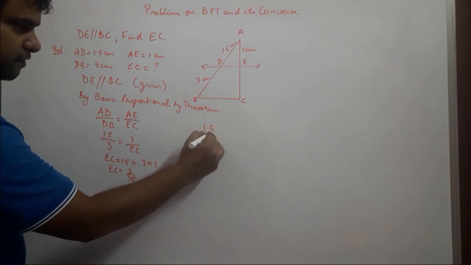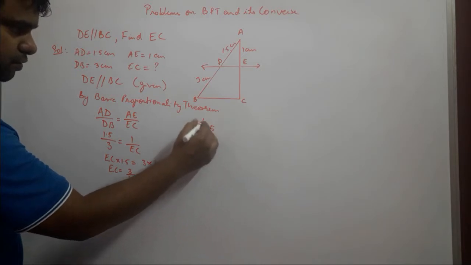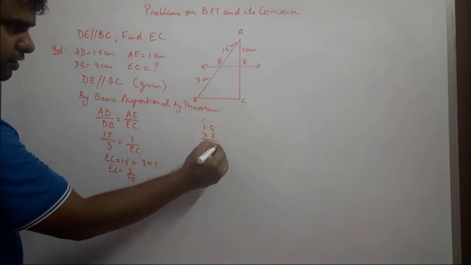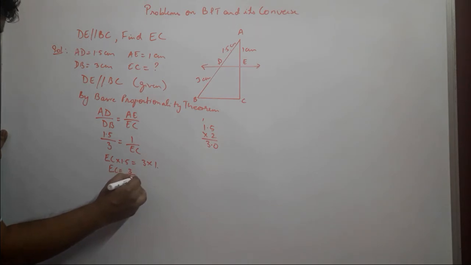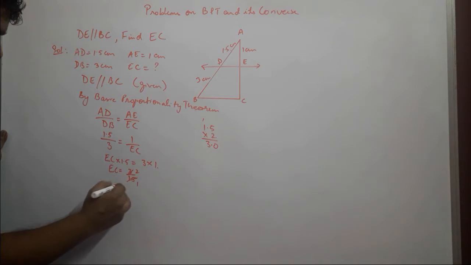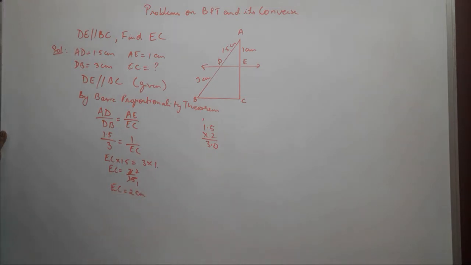So 1.5 into 2 gives us 3. So EC is equal to 2, and we write down the units, that is centimeters.